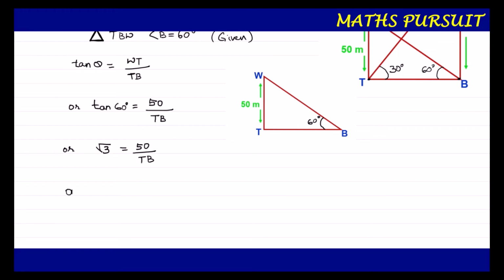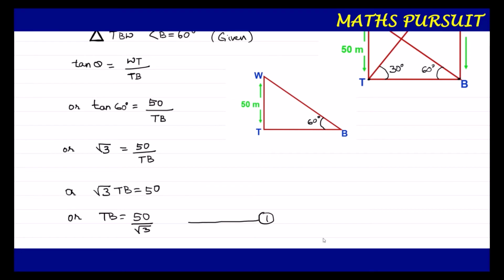Or I can write root 3 TB is equal to 50, or I can say TB is equal to 50 upon root 3. This is what we got. So we got TB is equal to 50 upon root 3, and let us name this one as equation number 1.